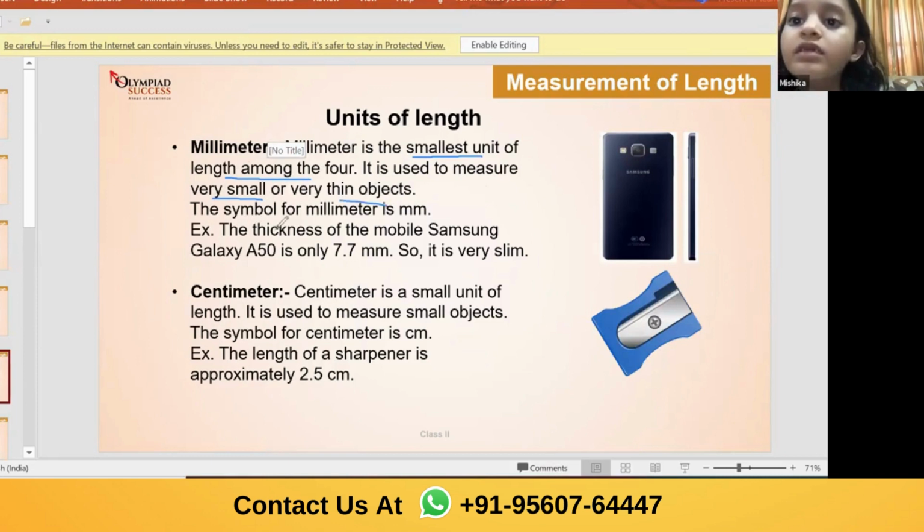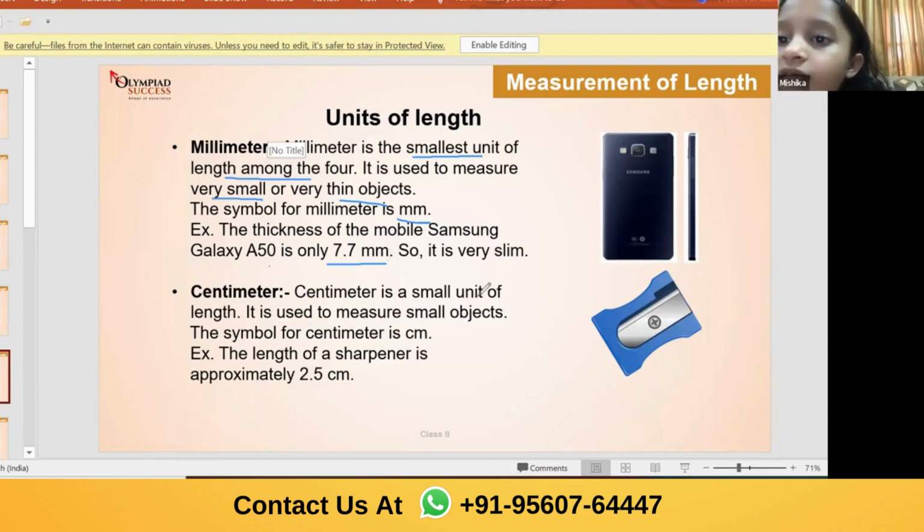The symbol for millimeter is mm. Example, the thickness of the mobile Samsung Galaxy A60 is only 7.7 millimeter. So it is very slim.